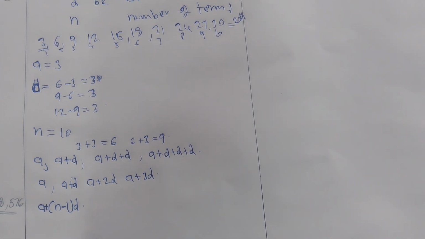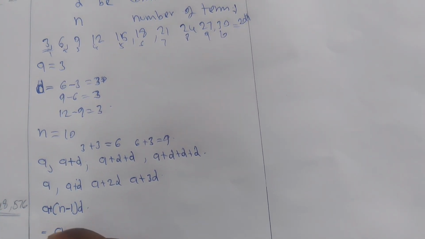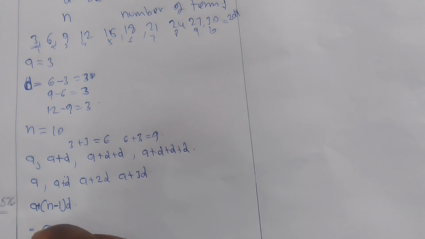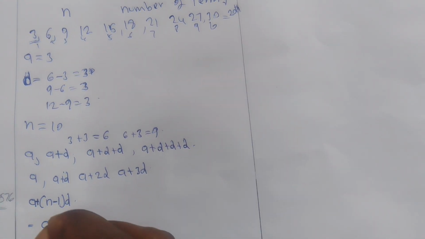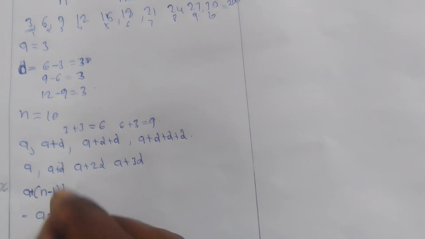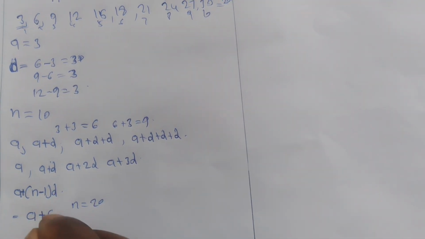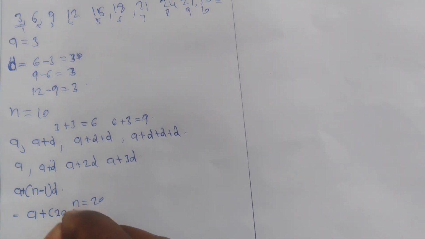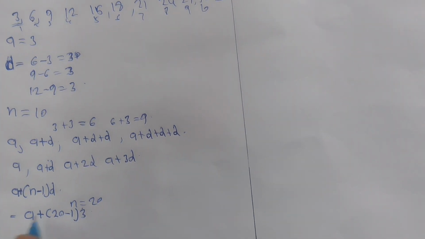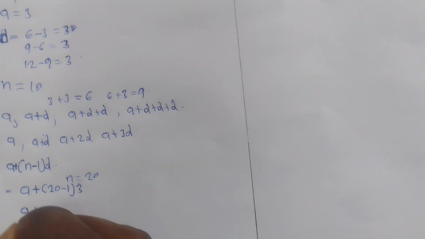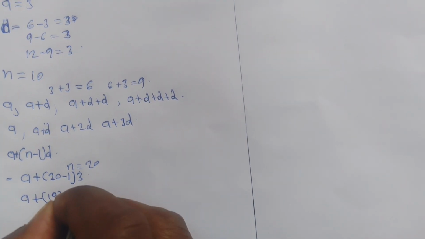The 20th term will be: our first term is a, plus, in brackets, our n is 20, so 20 minus 1, then you multiply by the common difference, which is 3. So a plus 19 multiplied by 3.